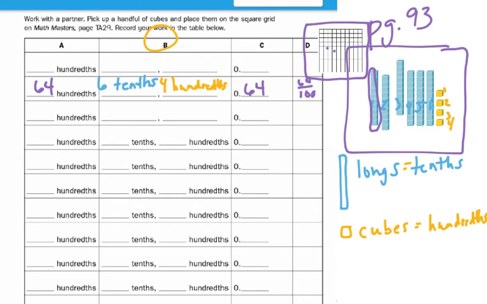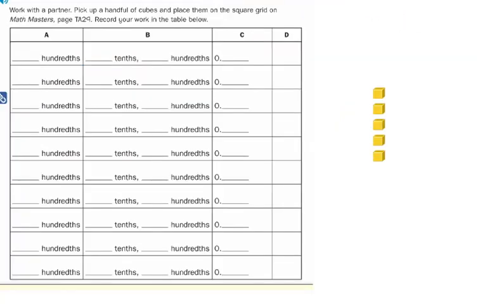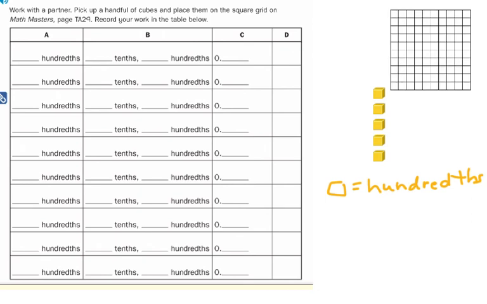All right. One last one together, and then you're going to do the rest on your own. So I have the cubes, which represent hundredths, because it takes 100 of those to cover a 100 grid. Take one of those cubes, 3, 4 of those, it would cover 4 hundredths.